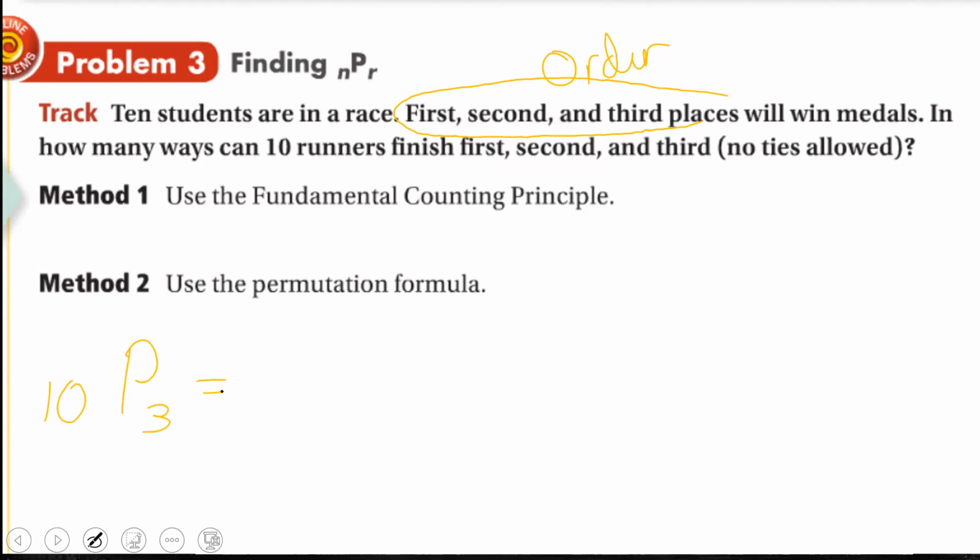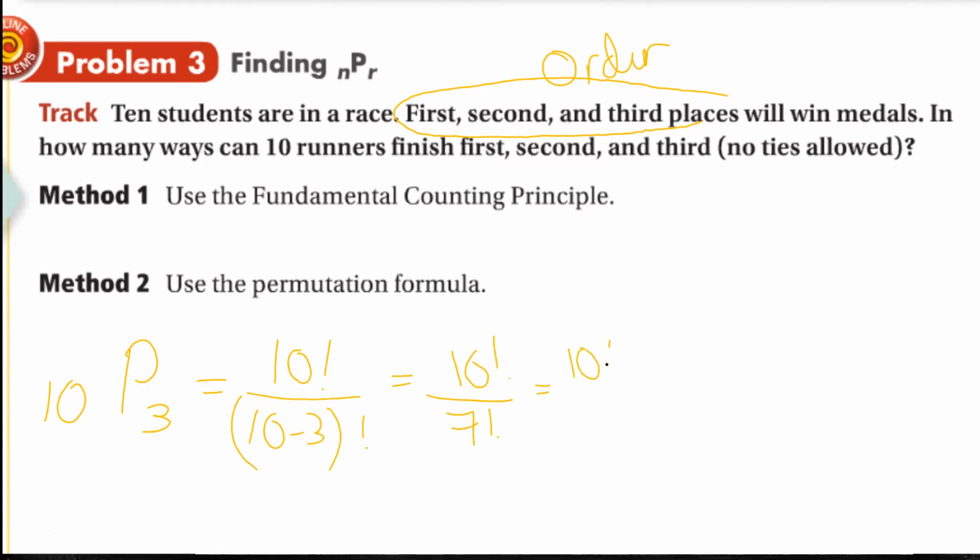What I have to do, I say it is 10 factorial over 10 minus 3 factorial. So it is 10 factorial over 7 factorial, which is 10 times 9 times 8 times 7 factorial over 7 factorial. And the answer is 10 times 9 times 8. This is using the permutation formula.